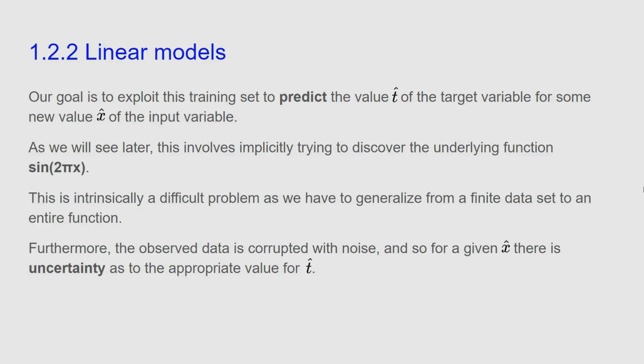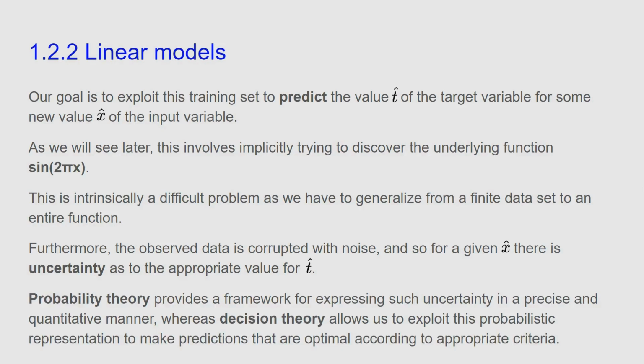Probability theory provides a framework for expressing such uncertainty in a precise and quantitative manner, whereas decision theory allows us to exploit this probabilistic representation to make predictions that are optimal according to appropriate criteria.